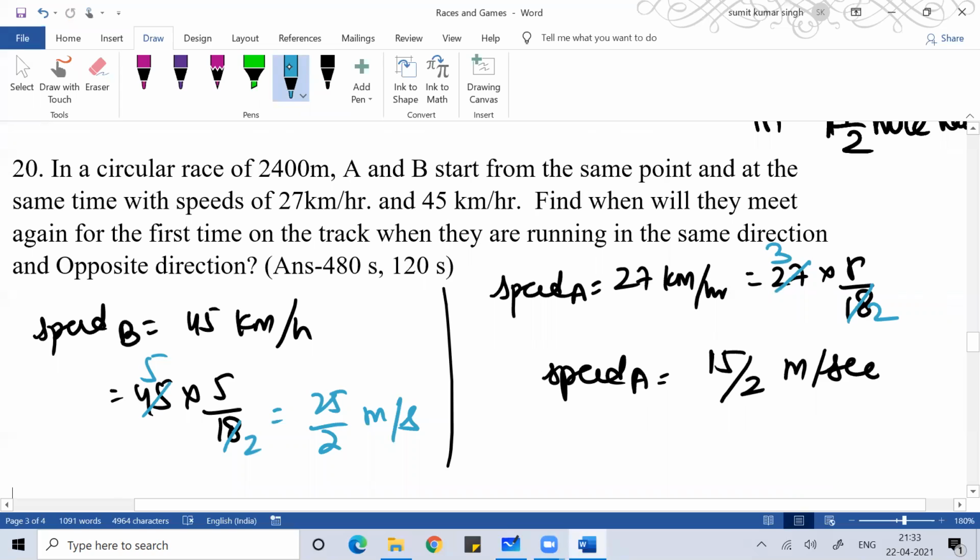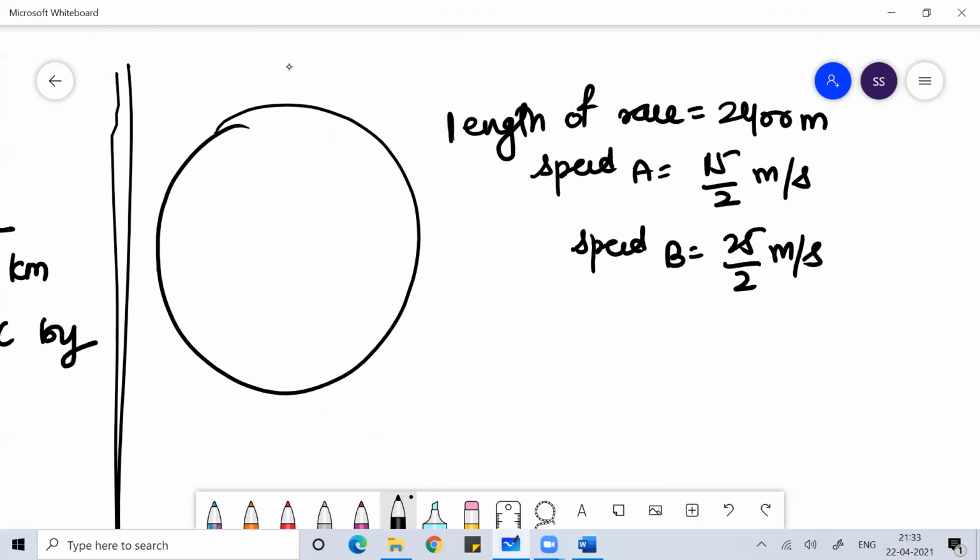Okay, so find when will they meet again for the first time on the track, when they're running in same direction and when they're running in opposite direction. When they're running in same direction, the relative speed will be b minus a. If they run in opposite direction, the relative speed will be a plus b.